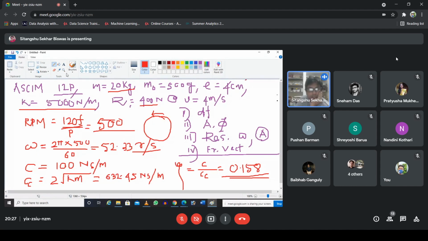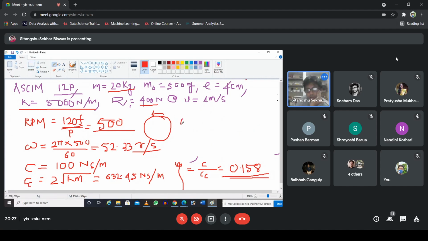And the natural frequency, we know the formula of natural frequency. What is the formula of natural frequency? Tell me somebody. Omega n is equal to root over K by M. We know K, we know M. What is that value? 15.81 radian per second.